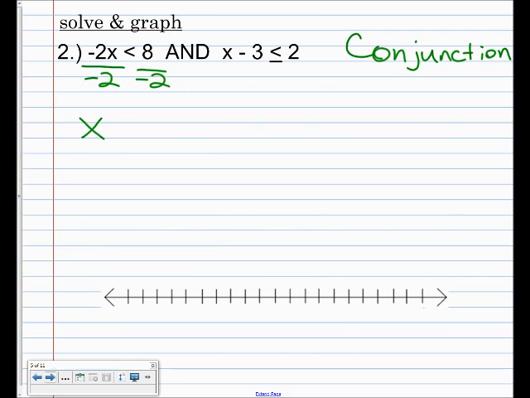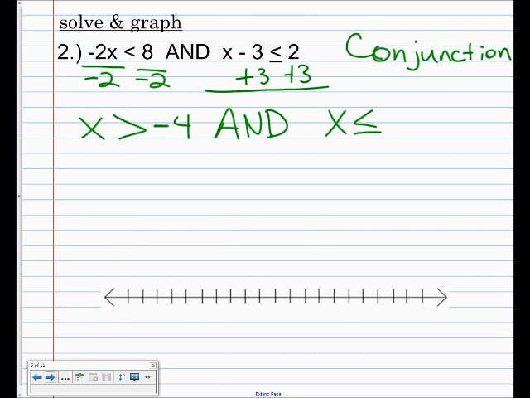Because we're dividing by a negative, which means I need to do what with this less than symbol? Make it greater than. All right, what is 8 divided by -2? -4, very nice. And what about on the right side? What do I do to isolate? Add 3 to both sides. So I get x is less than or equal to 5.